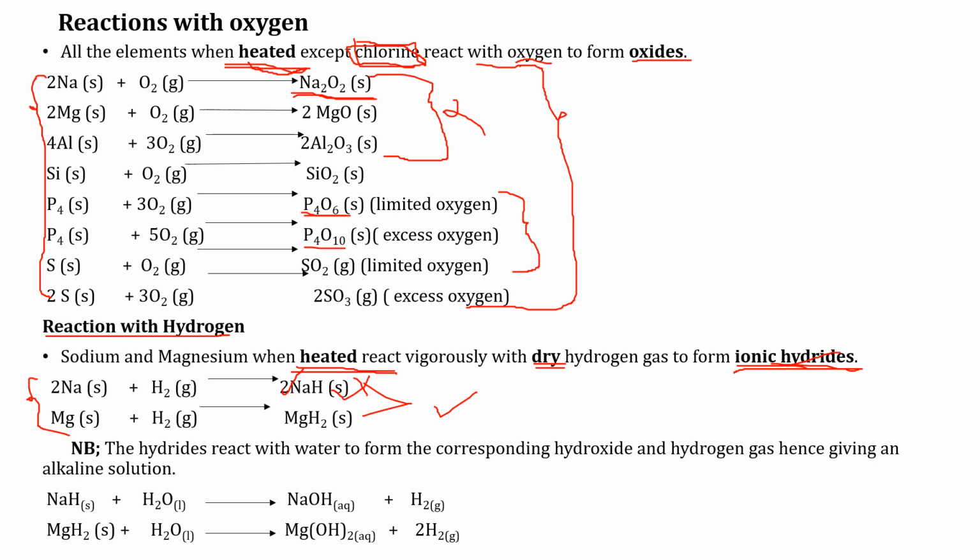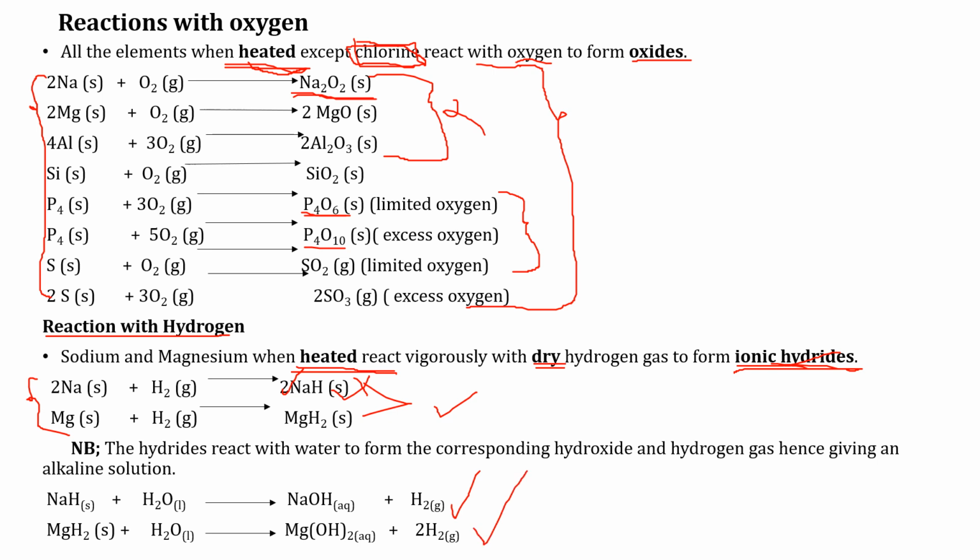So note, since these ones are ionic hydrides, when you mix them in water, we always get a metal hydroxide. And we shall always observe a colorless gas that will burn with a pop sound, and that's always hydrogen gas.